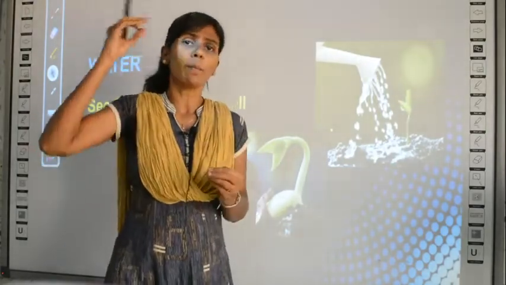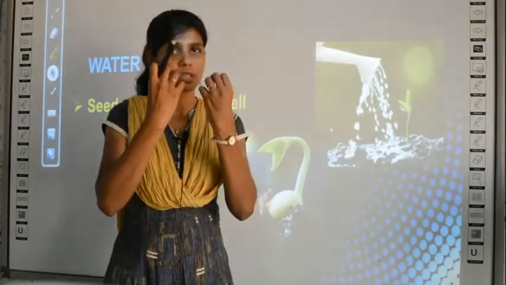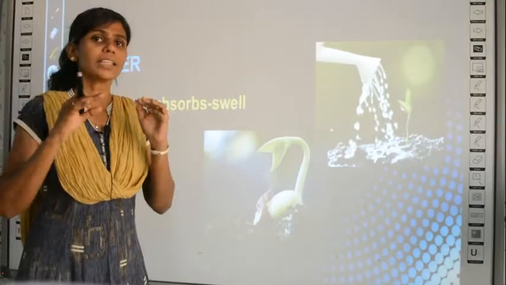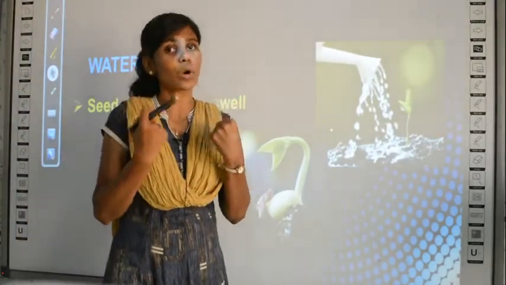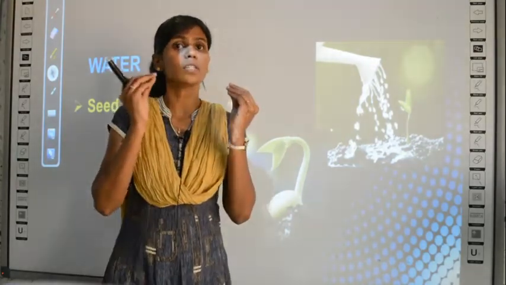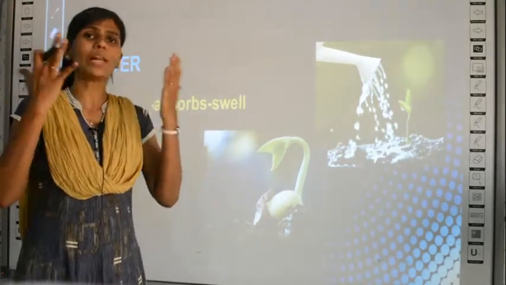But when you pour water onto the seed, the seed will become soft, as well as the seed coat. I told you the seed coat is a hard covering, right? This hard seed coat also becomes soft when it is submerged in water for a longer duration, and it will crack and open.